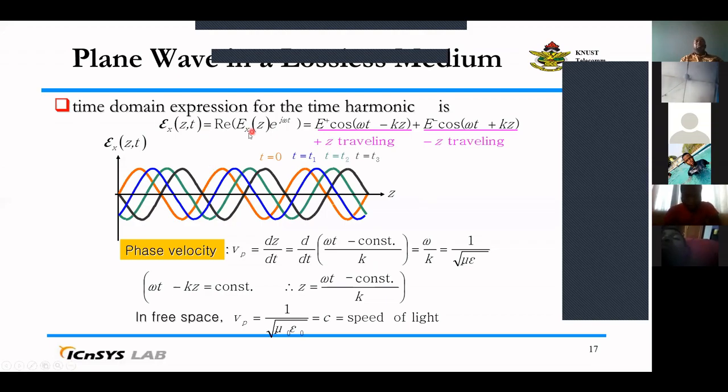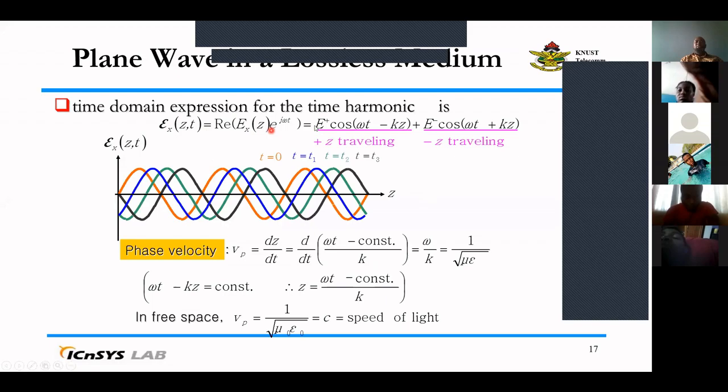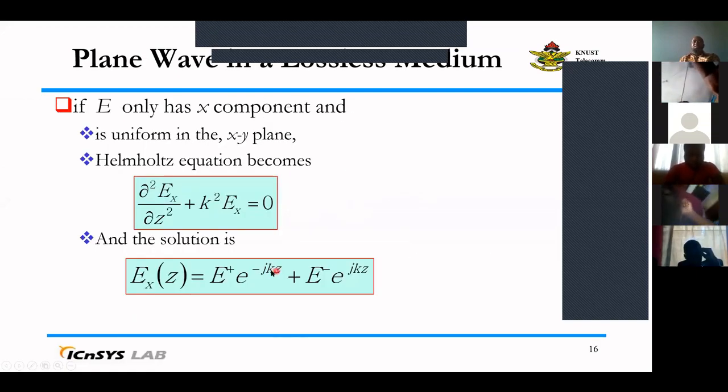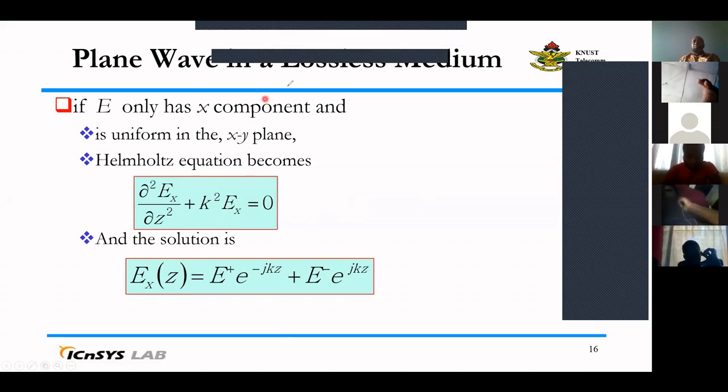So if we are to express this in time domain, remember I said that in time domain, we take only the real component of the wave. If you take the real component of E^{jωt}, then we have E plus, there's jωt here, and there's what? kz here, so minus kz. This minus jkz, if you multiply by e^{jωt}, you just add the exponent.